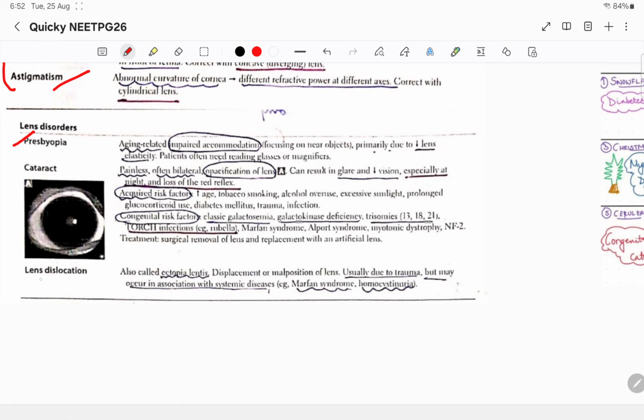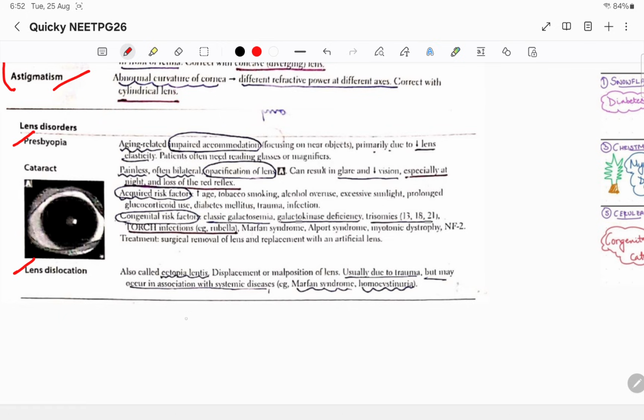Then there is something called lens dislocation that might happen. We were discussing in biochemistry homocystinuria and Marfan's disease. Between these two there is a difference in how the lens might fan out or fan down.